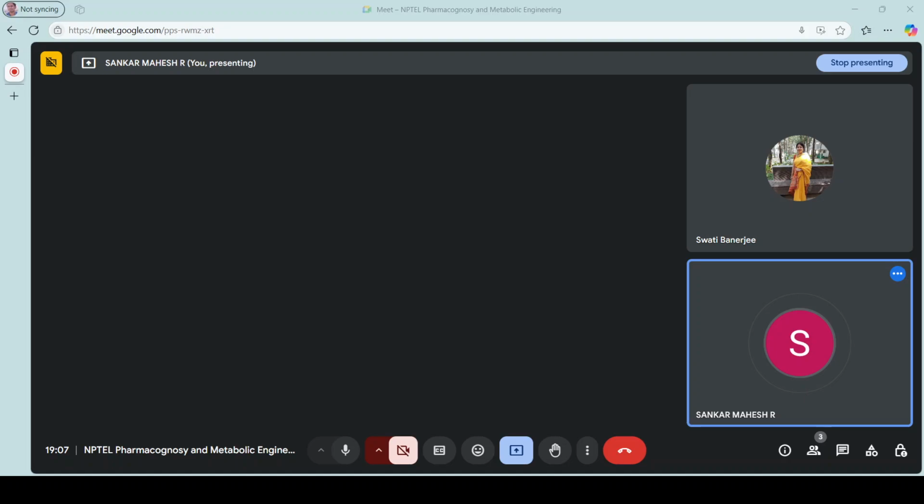Is it option C: phenylalanine ammonia lyase PAL, cinnamate 4 hydroxylase C4H, and then 4CL? Right. So, what is the substrate and the product for PAL? Any idea?